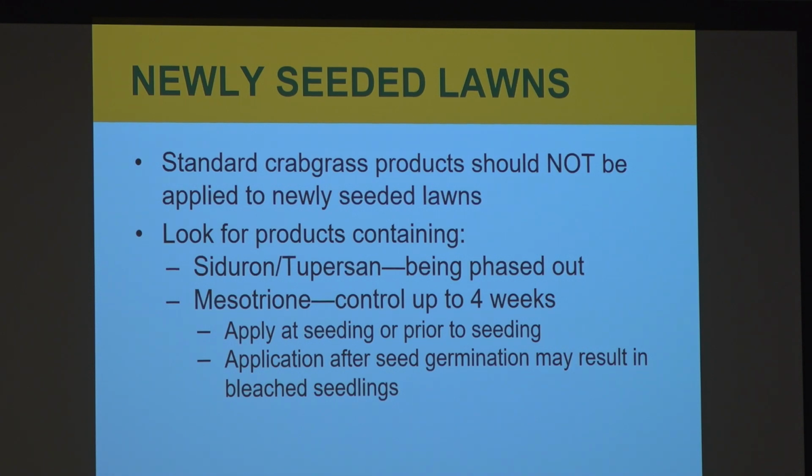If, in fact, your Kentucky bluegrass has germinated and you put down mesotrione, it can damage it. You'll notice that your turfgrass will actually bleach white. So you want to make sure that you read the label very carefully and you put this on either at the time that you seed or prior to seedling.